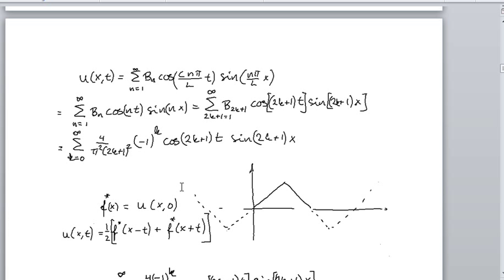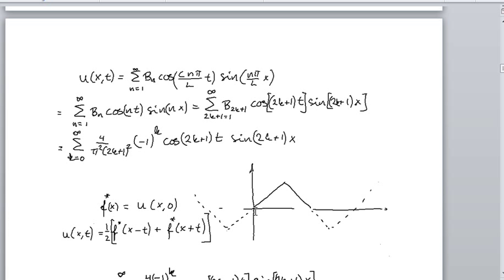Recall that we know the function f star of x, which is equal to the value of u, the displacement, when t is equal to 0, the initial displacement. So in our case, we have a description of this function f of x, the initial displacement, which we can write the graph of like this.